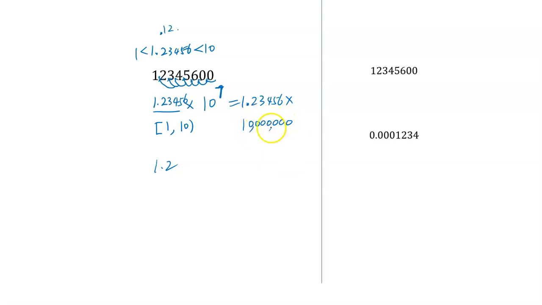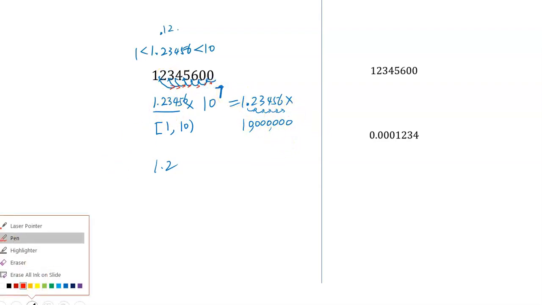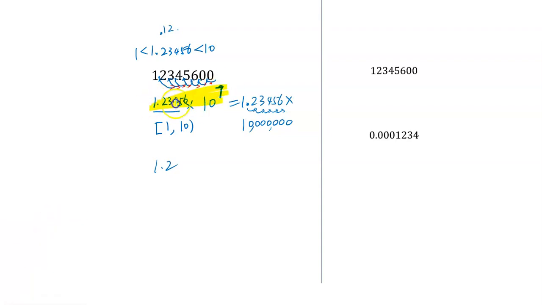Whenever we multiply a number by 7 zeros, it's equivalent to shifting the decimal point 7 times, so if we move the decimal point back 7 times, that would go back to the original number. So that's why this scientific notation is the same number as that. Okay.